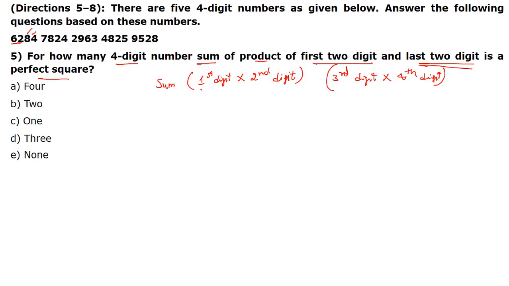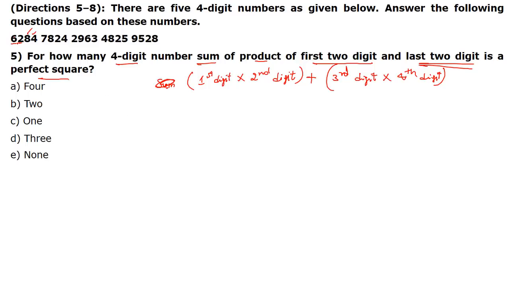When we add these two, that is the sum, when the first digit and second digit are multiplied and the third digit and fourth digit are multiplied, we need to find out for how many numbers the resultant would be a perfect square.